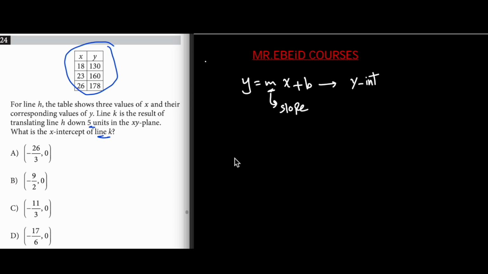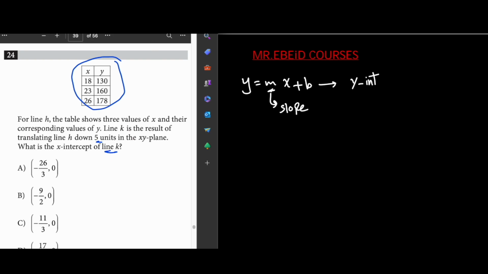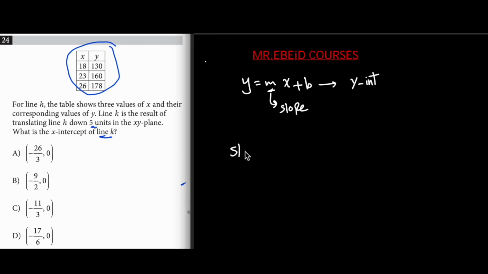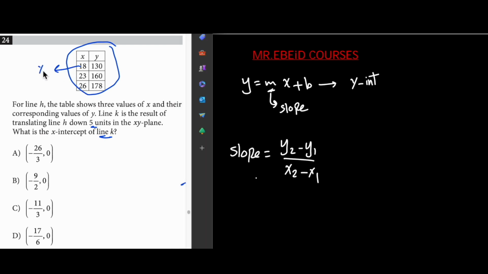So the slope equals y2 minus y1 over x2 minus x1. Choose any two values. This is x1 and this is y1.